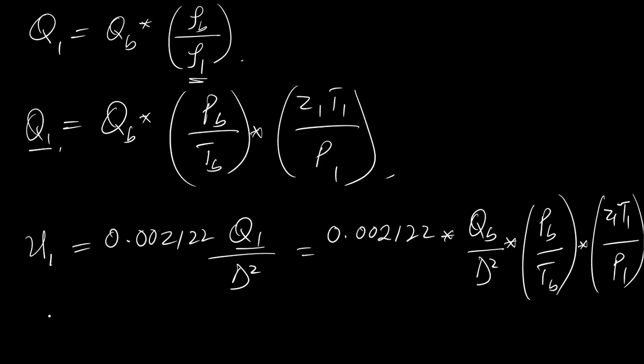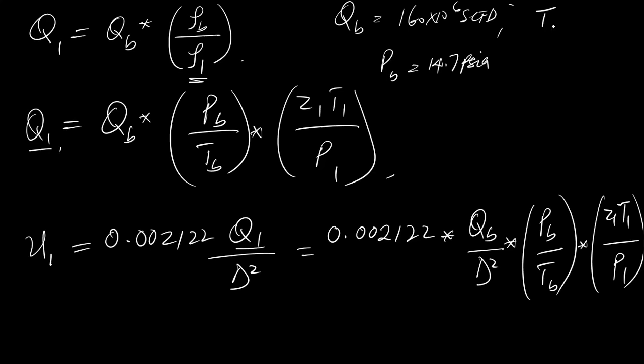So now we're going to use, recalling what QB is, which is 160 times 10 raised to the power 6 standard cubic feet per day. We also know our PB to be 14.7 psia. We know our TB to be 520 degrees, our T1 to be the same thing, 520.